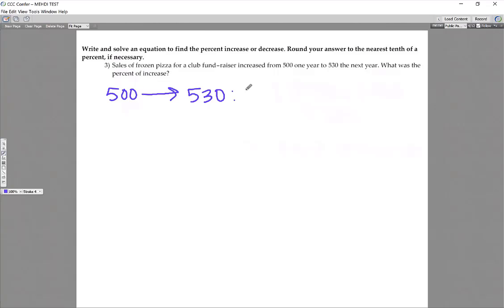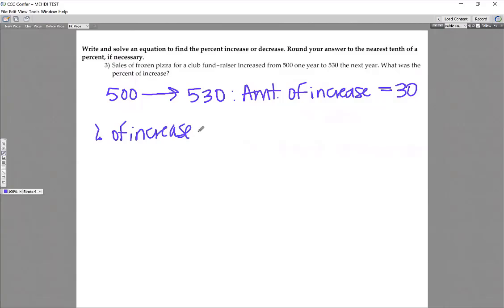So our amount of increase, which is the difference of 530 and 500, is equal to 30. So to find the percent of increase, we need to set up a proportion.